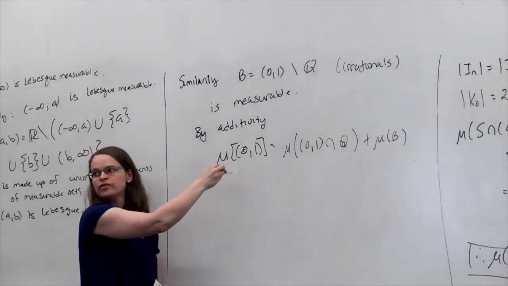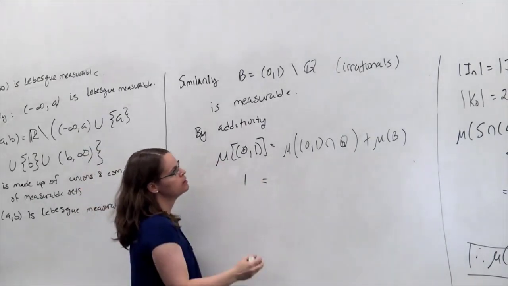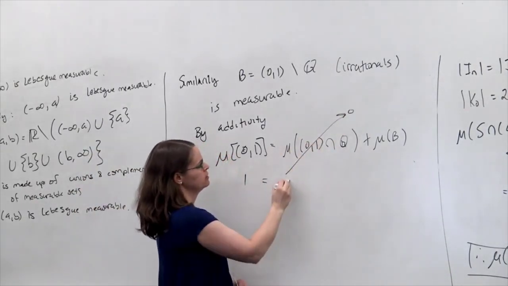Well, we know the length of an interval. The length of an interval is 1. We know that the rationals have measure 0.